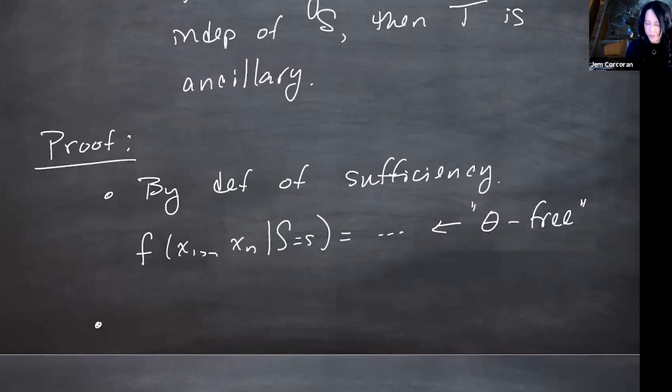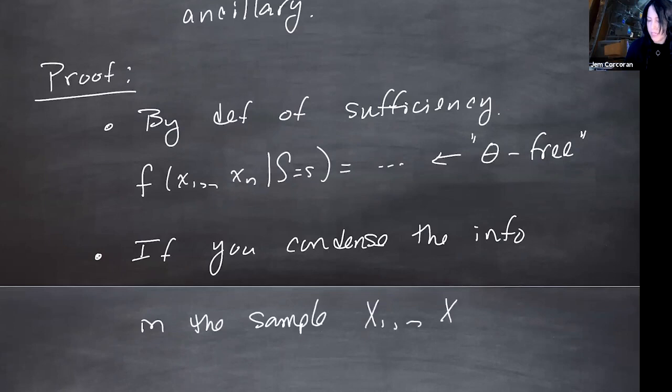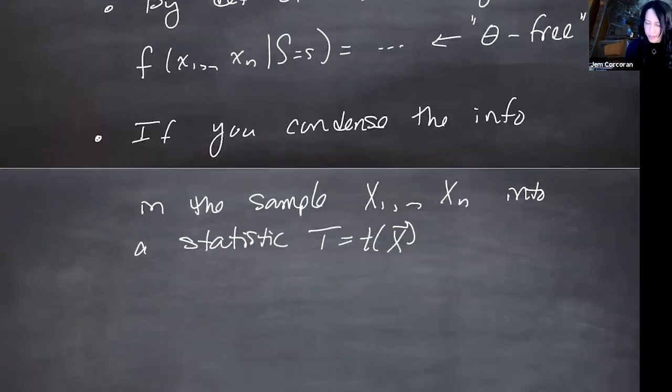And so if you condense the sample into a statistic that I'm going to call T, then that's not going to be able to pick up any information about theta, because the distribution of this statistic can be derived from the joint distribution up here.